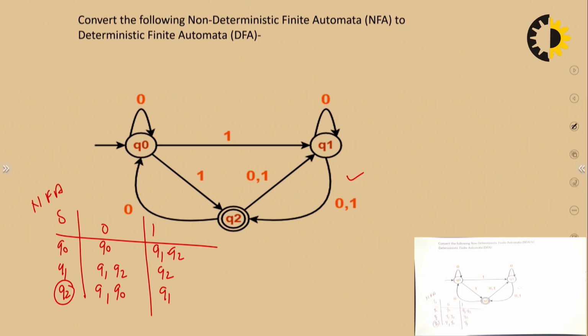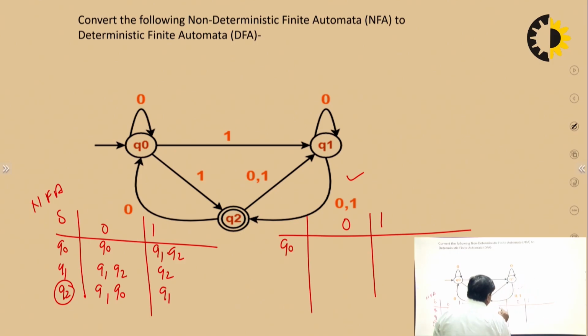Okay. Now this one is the transition table of the NFA. With the help of this transition table we can convert the machine into a DFA. That is very simple. Here we have 0 and 1, and write the same column, Q0, Q1 and Q2. So how many new states occur? Only one state. Now Q0 on 0 is only Q0.